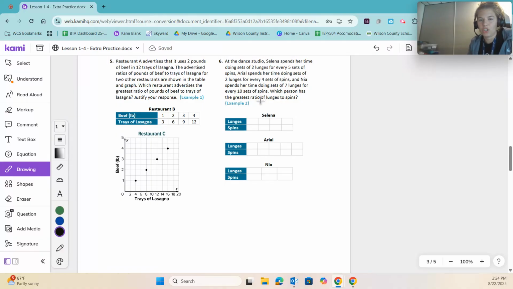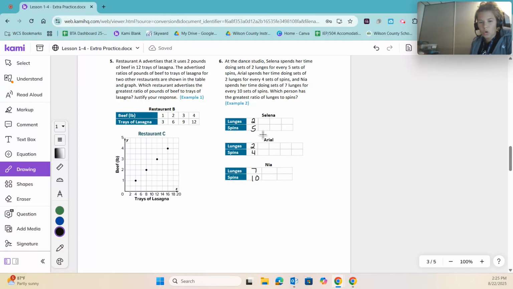Which person has the greatest ratio of lunges to spins? Okay, so Selena had 2 lunges for 5 sets of spins. Ariel had 2 lunges for 4 sets of spins. And Nina had 7 lunges for 10 sets of spins.